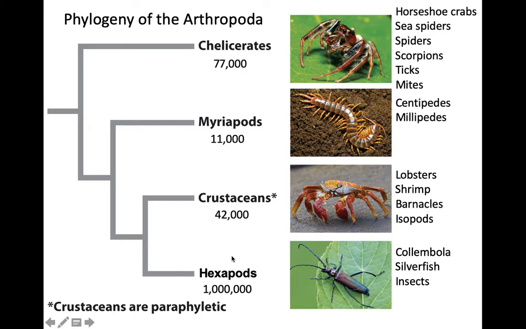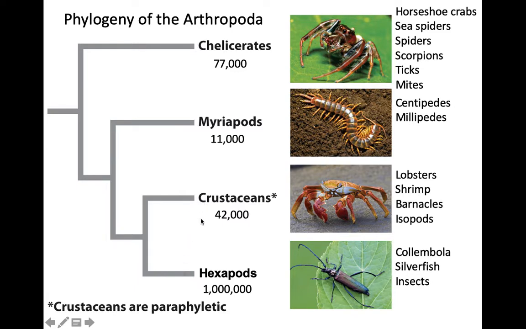And finally, the hexapods, which include the insects. And these are the number of species found within each group, and we see that the hexapods are by far the most diverse group. And in fact, insects are by far the most diverse group of animals on the planet.